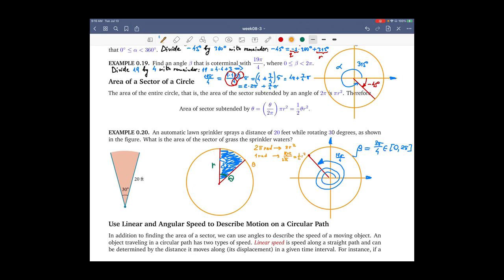Now theta radians results in an area this times theta, 1/2 theta radius squared. This formula is written here.